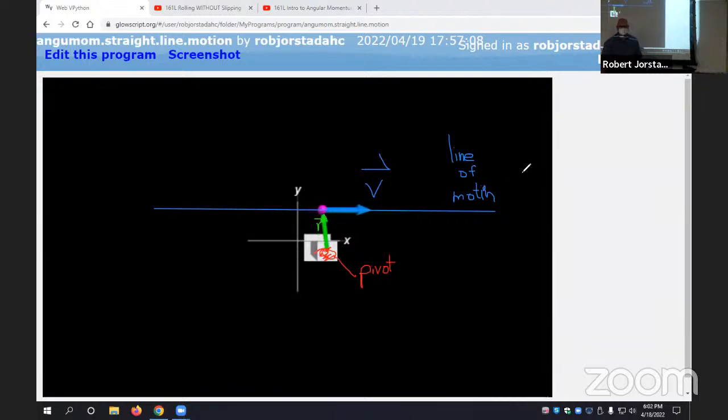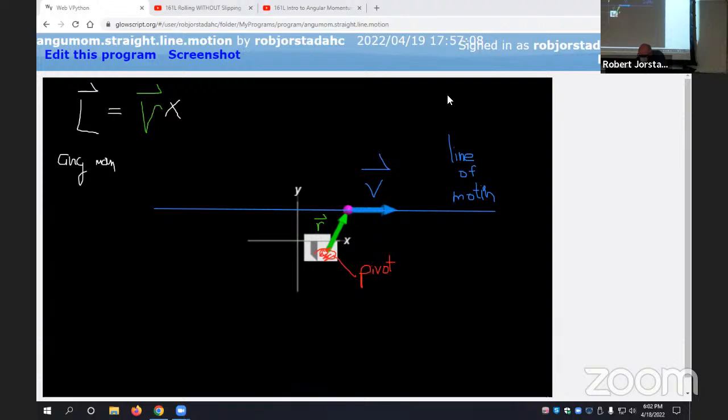Sorry. The angular momentum is given by a quantity. Let me write it here. L is this new quantity called angular momentum. I'm going to call it ang-mom. It's equal to a cross product between the R vector and the momentum.